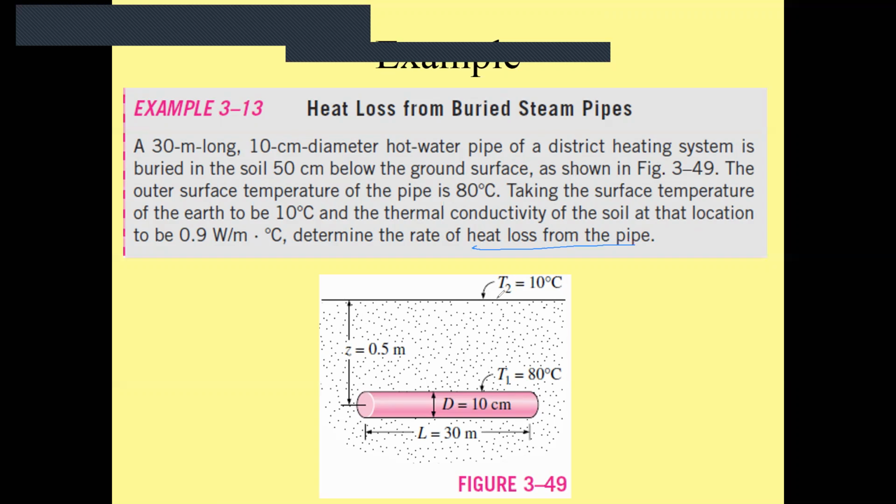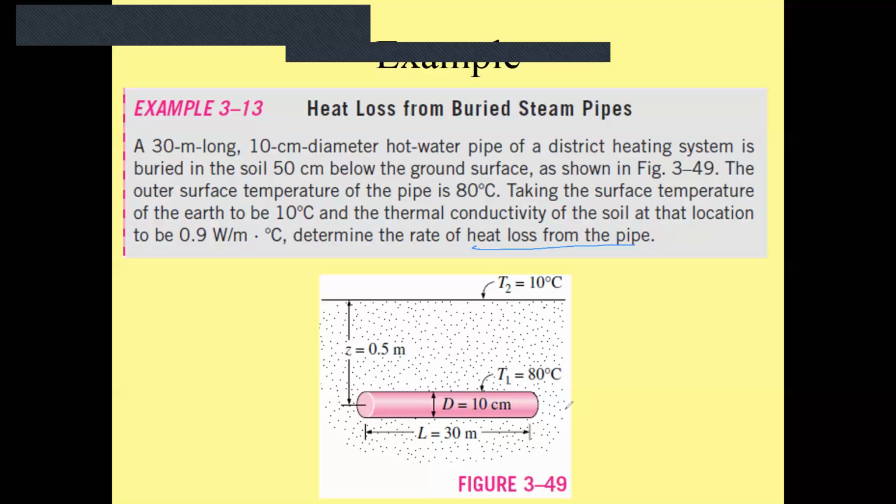In this case, if you see this figure, you can see the first case in table 3.7. You must determine first that L is far larger than D. You see 30 meters compared to 10 centimeters. So this is the first criterion.